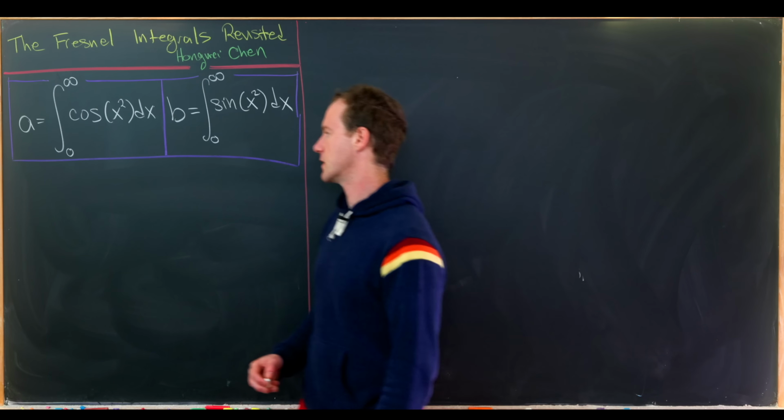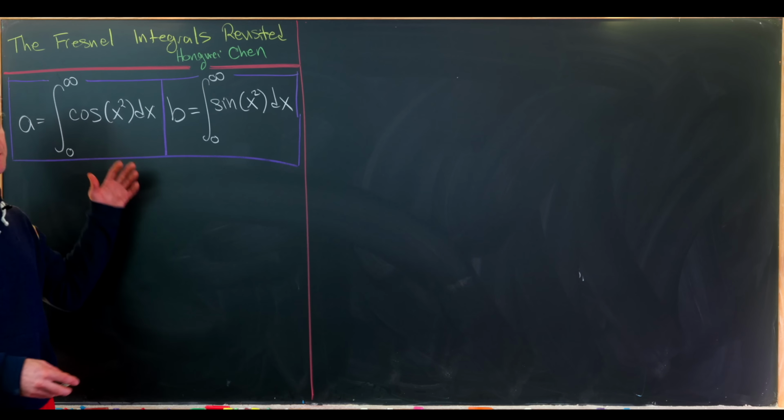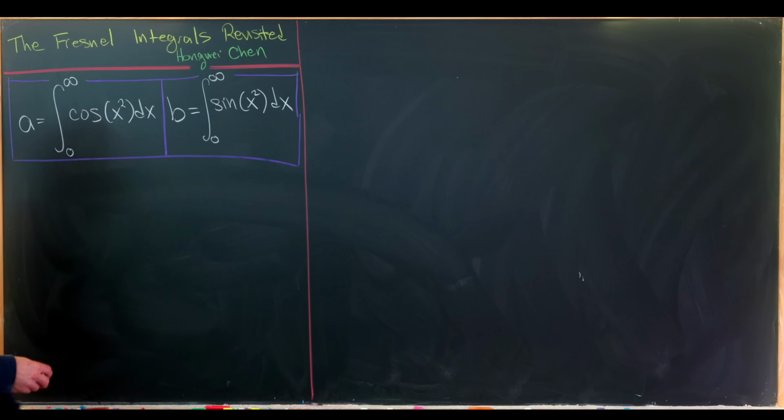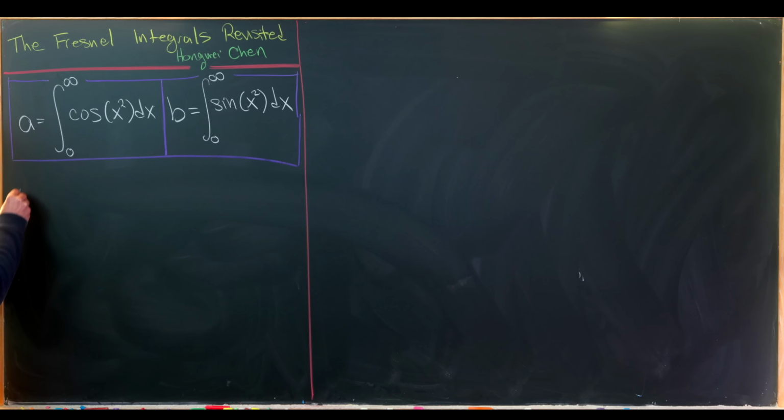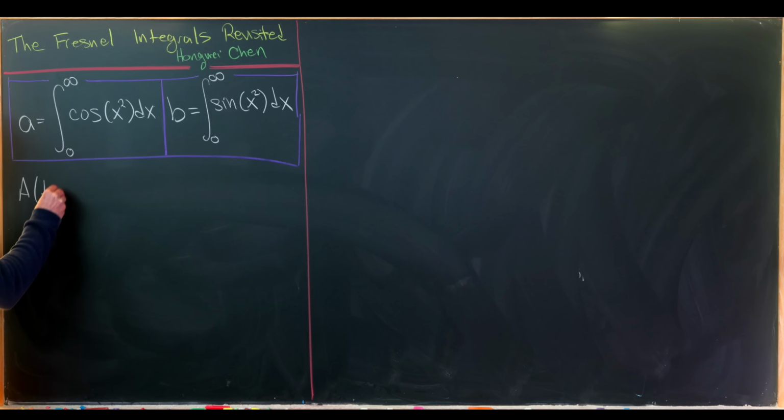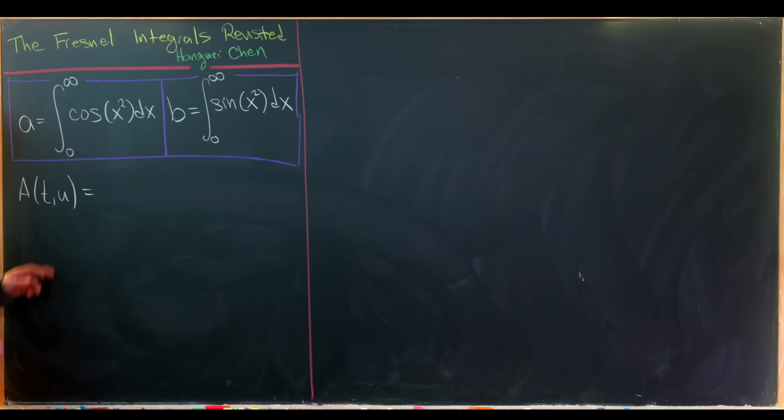We're going to look at a parameterized family of integrals of which these are a special case. I'll call those capital A of t, u. In other words, this is a function of t and u, if you will.